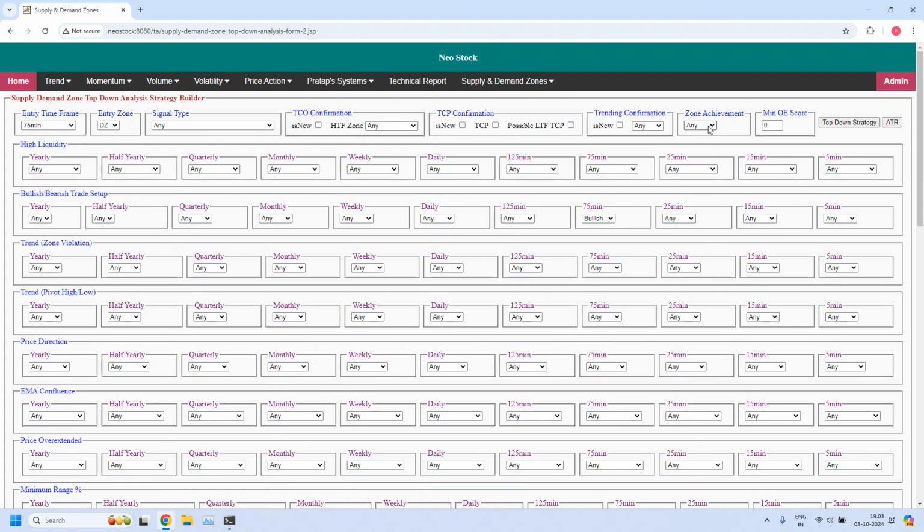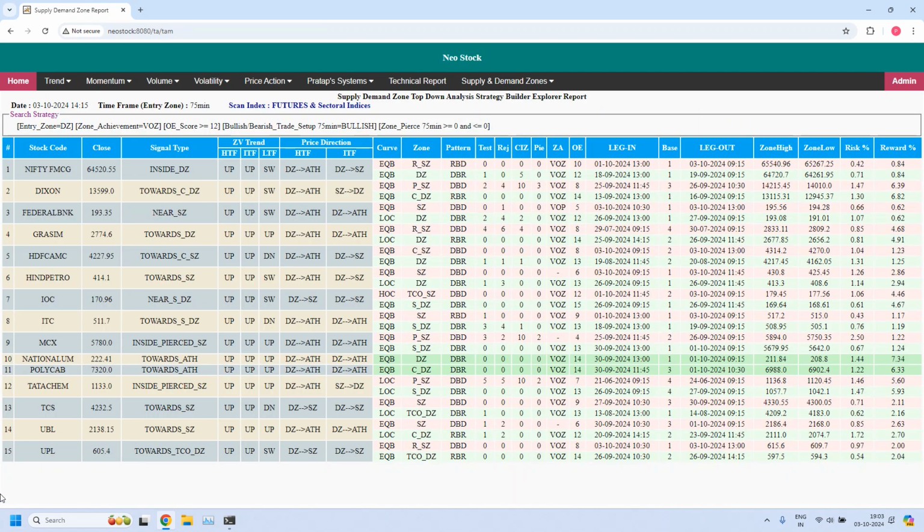Zone achievement violated opposing zone, minimum odd enhancer score 12. And all the 3 filters are applied to the 75 minutes demand zone. So 15 stocks are filtered. All these 15 stocks are currently supporting a bullish trade setup for weekly income trade, that is entry time frame 75 minutes.